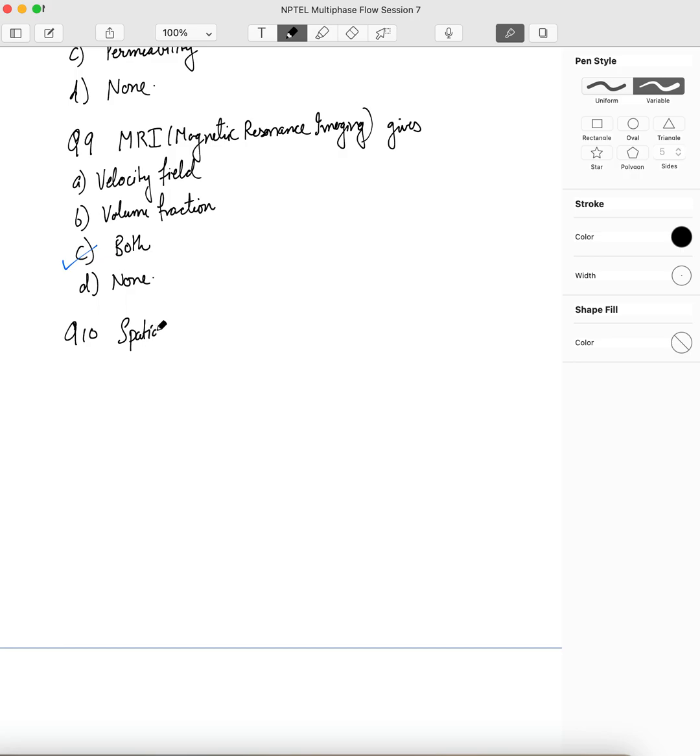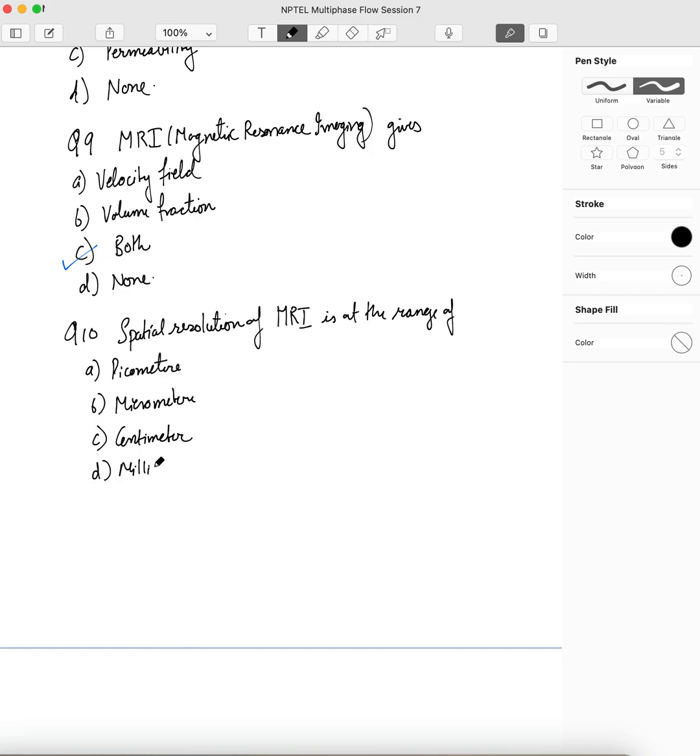So spatial resolution of MRI is at the range of picometer, micrometer, centimeter, millimeter.